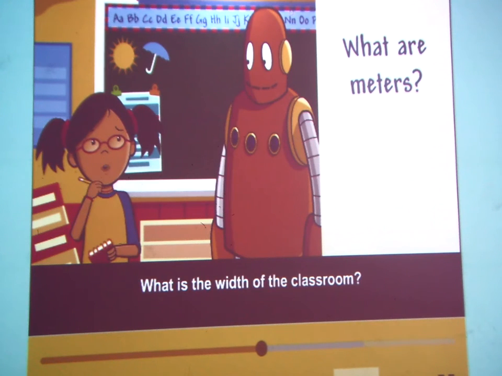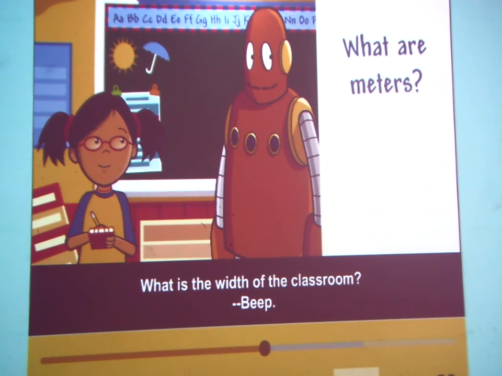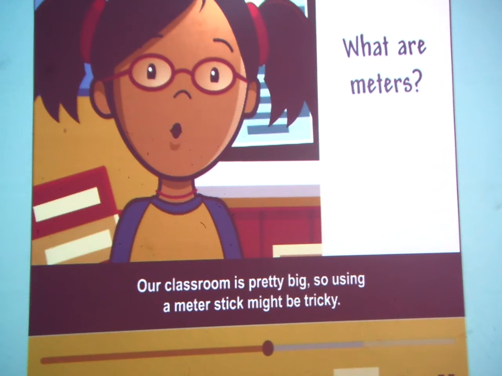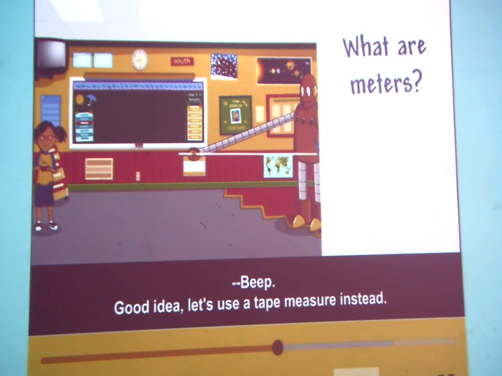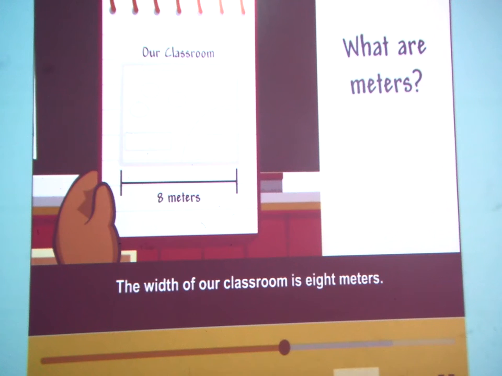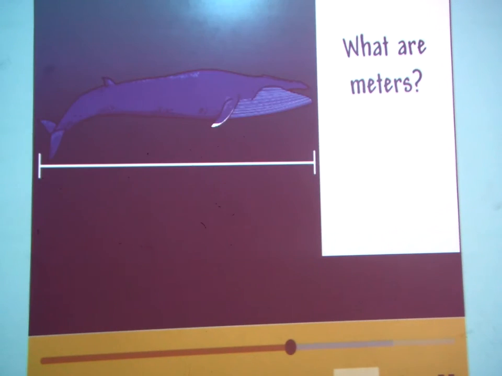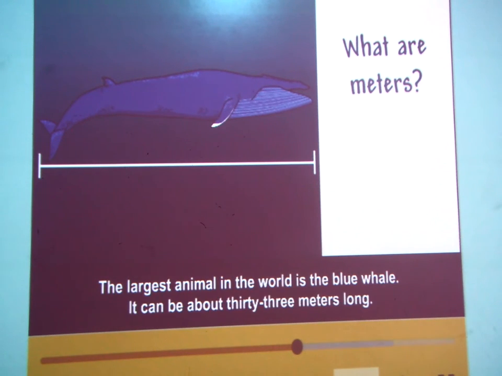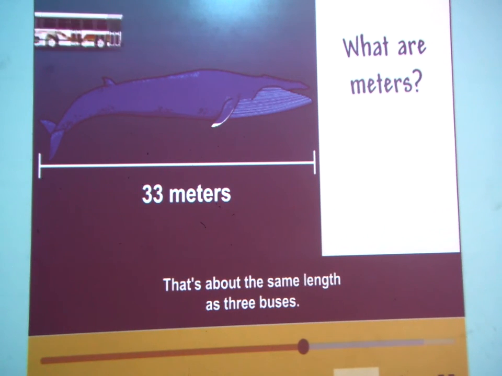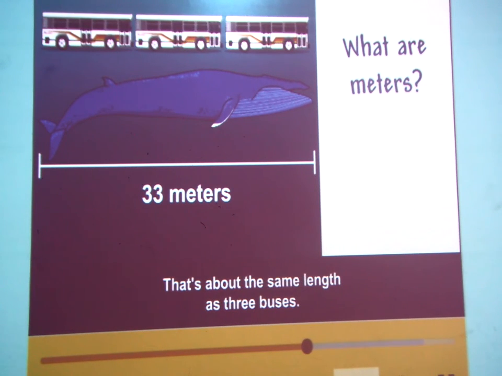What is the width of the classroom? Our classroom is pretty big, so using a meter stick might be tricky. Good idea. Let's use a tape measure instead. The width of our classroom is 8 meters. The largest animal in the world is the blue whale. It can be about 33 meters long. That's about the same length as 3 buses.